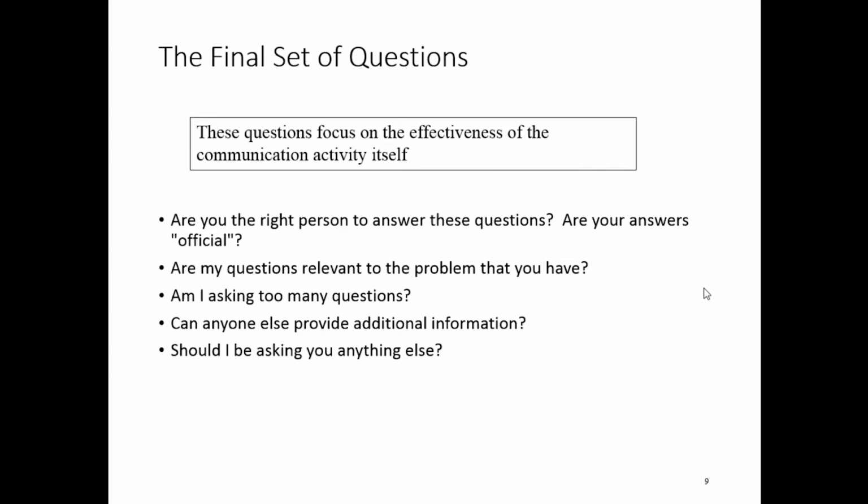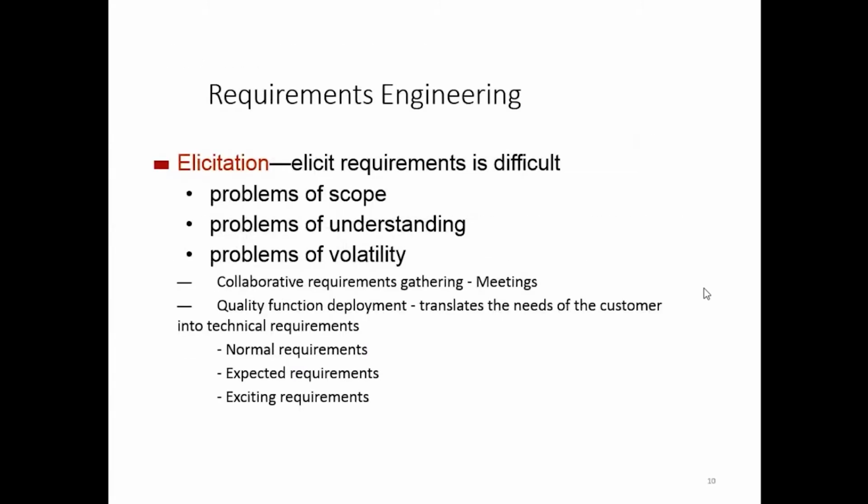Now coming to the elicitation task, eliciting requirements is difficult. Why? Because of the problems. Some of the problems are a problem of scope, in identifying the boundaries of the system or specifying the technical detail rather than overall system objectives.